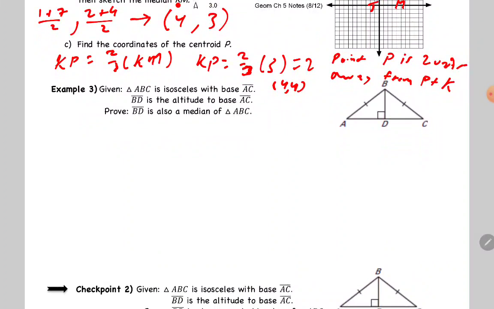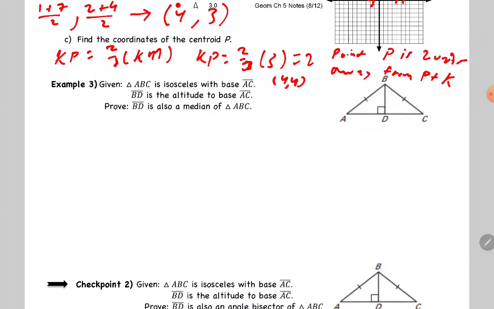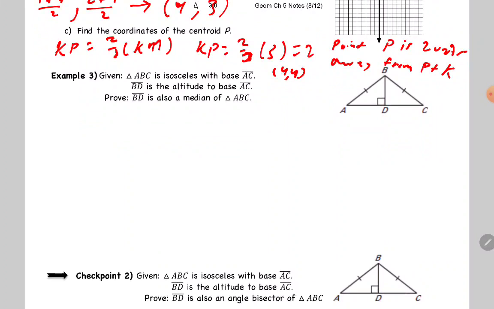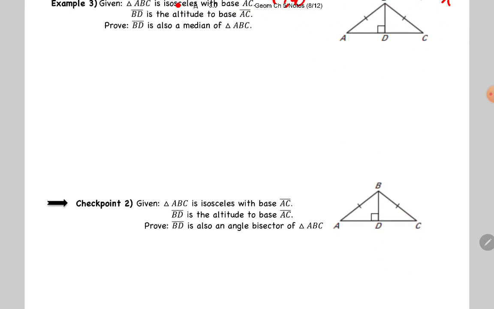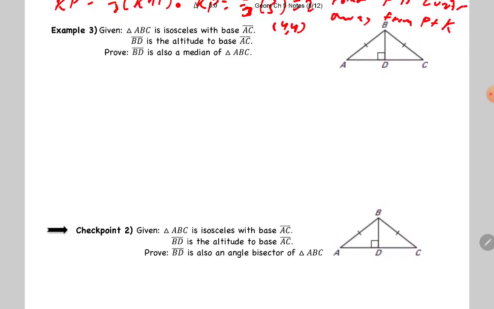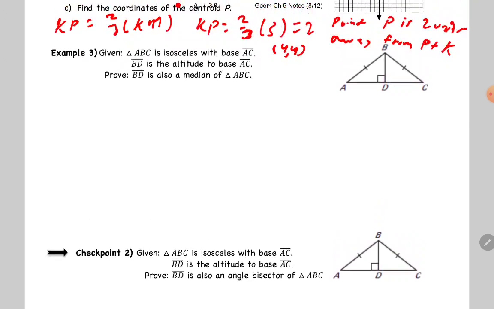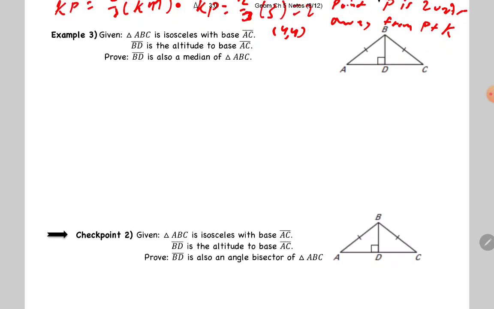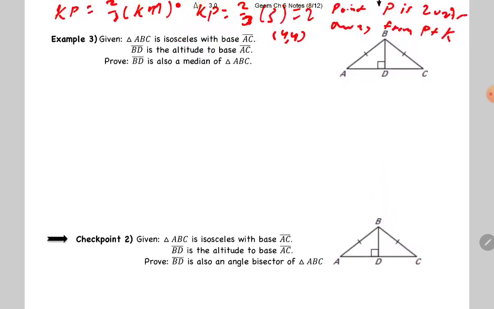Alright, example 3. Triangle ABC is isosceles with base AC. BD is the altitude. Prove that BD is also the median of triangle ABC. So I'm actually going to skip the proofs for now and leave it to the class. I'm still debating whether or not... No, let's do these.